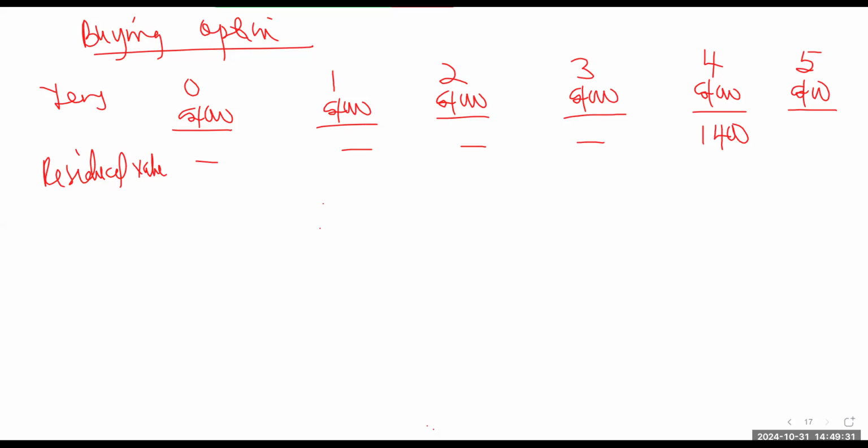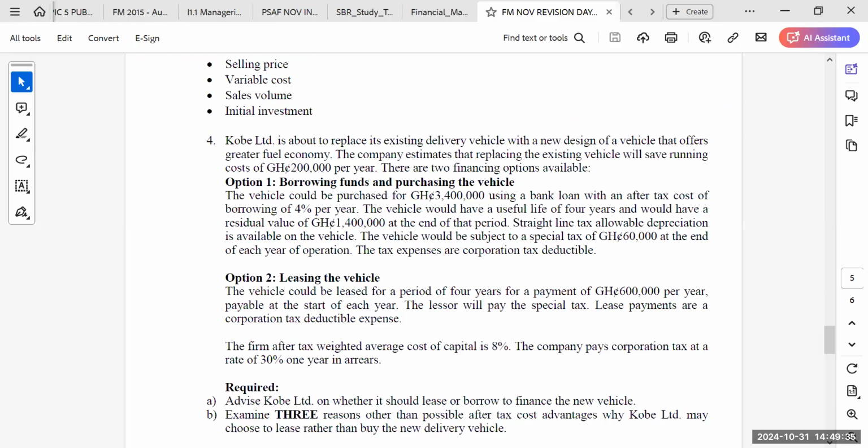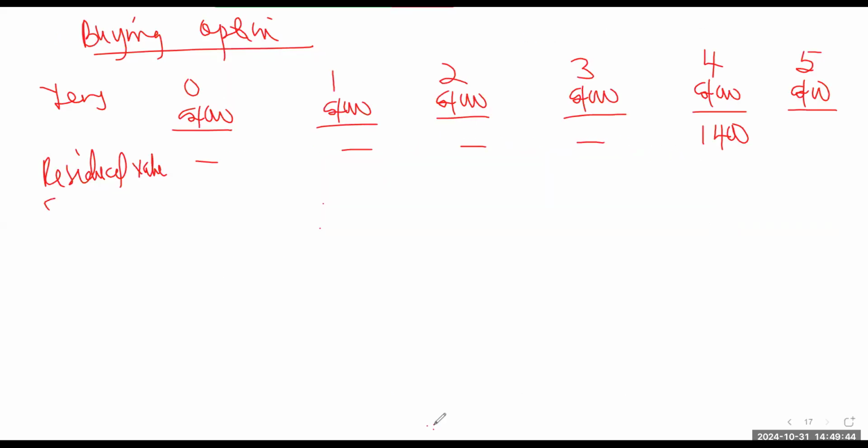We are also going to be making some payments relating to what? Special tax, isn't it? So special tax is a payment that we are going to be making. So 60,000 at the end of every year, at the end of every operation.